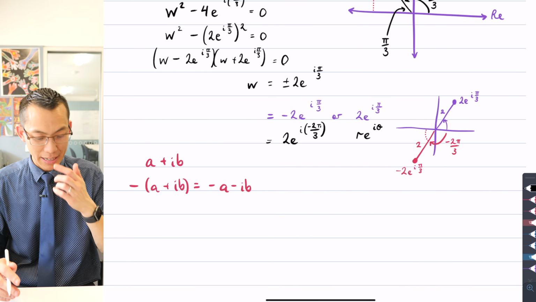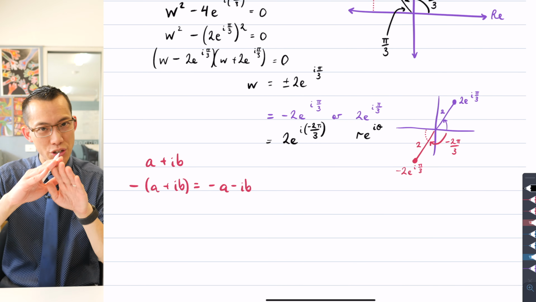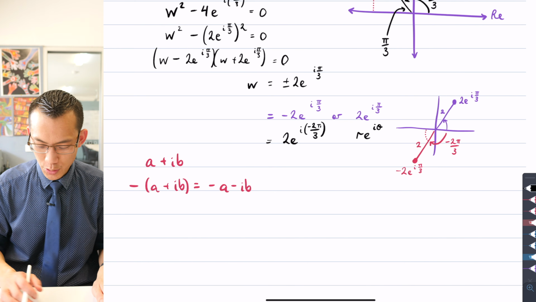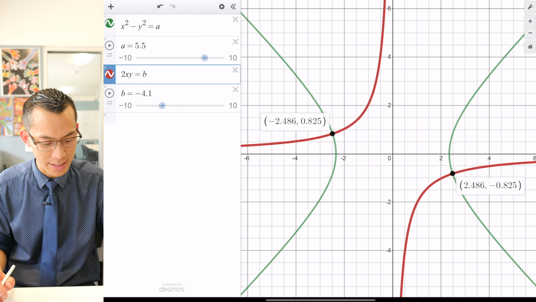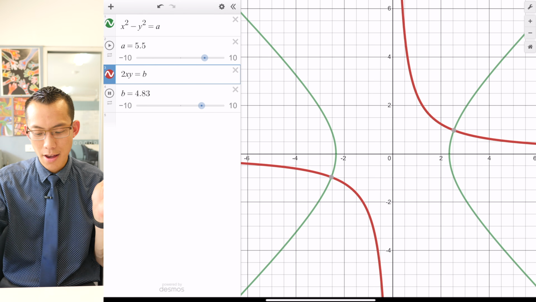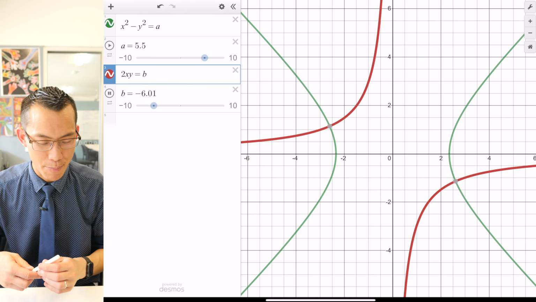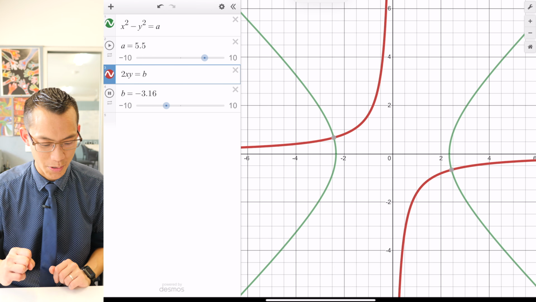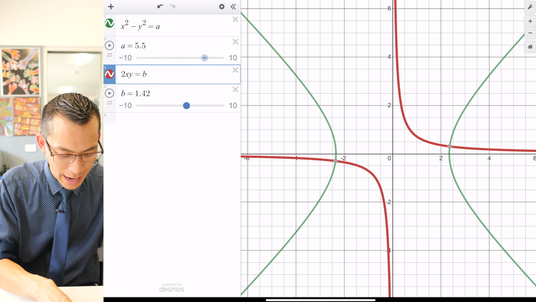So what I'm trying to get across here is I have this relationship which is on opposite sides between my two solutions, and that's what you can see by varying the value of b. You're always going to be on those opposite sides because the two branches of the hyperbola are always in opposite quadrants. The last thing is when you have a look at b equals 0.